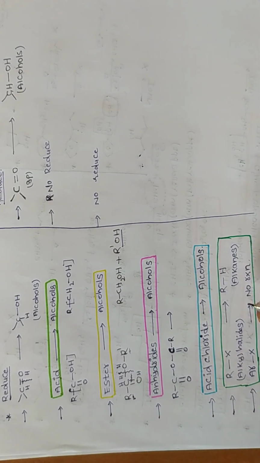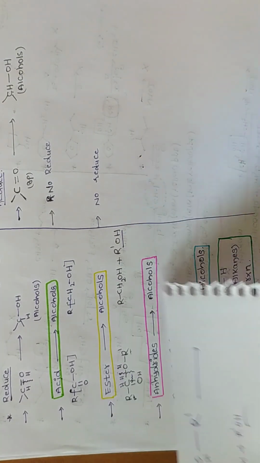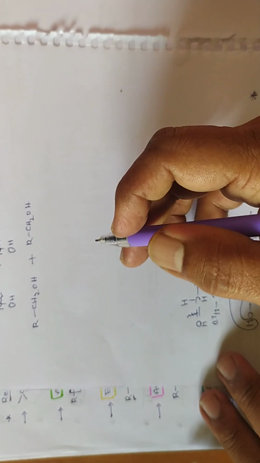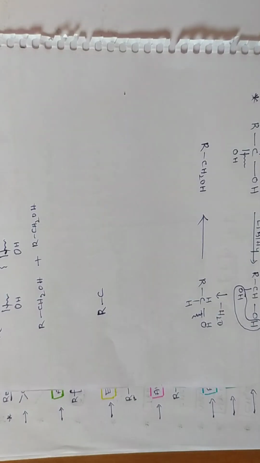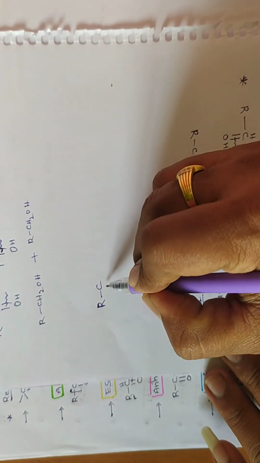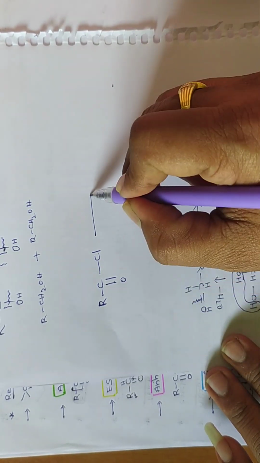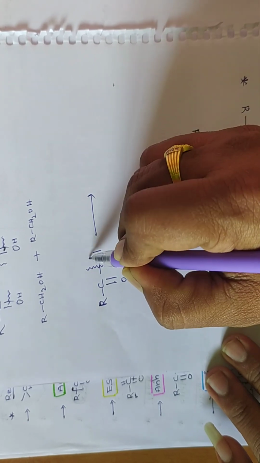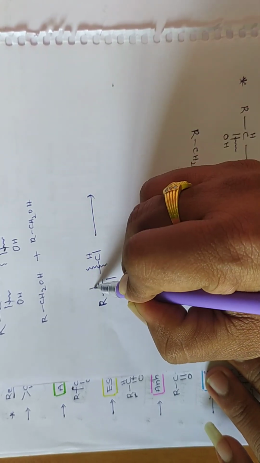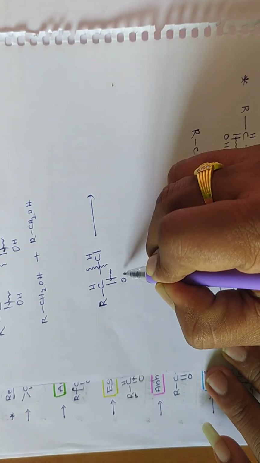Next, acid chlorides to alcohols. Now when we take an acid chloride, this is an acid chloride converting into alcohols. Just break the bond between carbon and halogen, and also break the bond between carbon and oxygen.